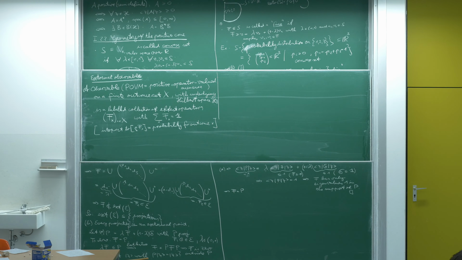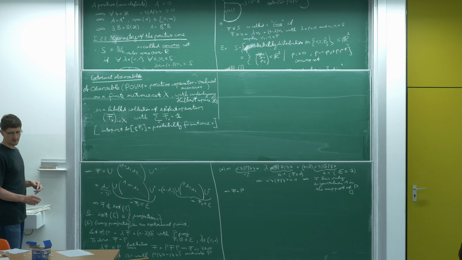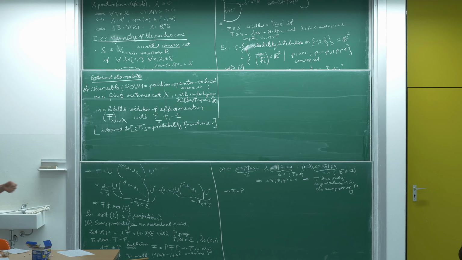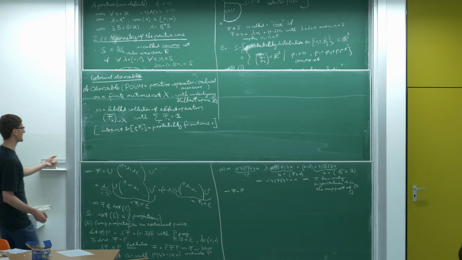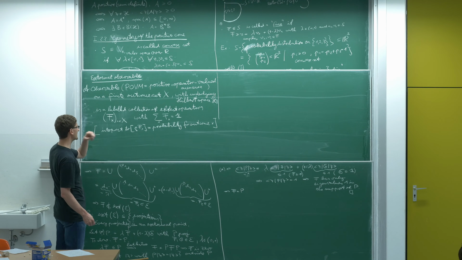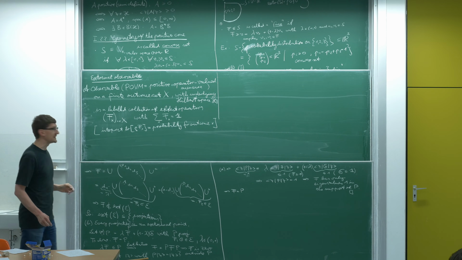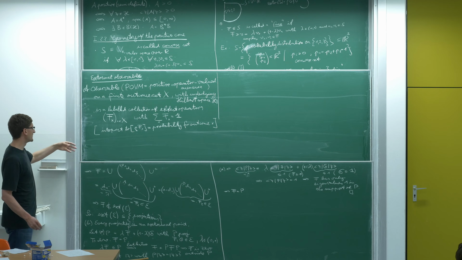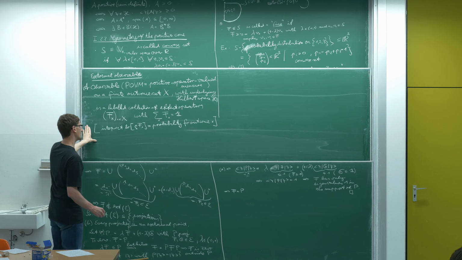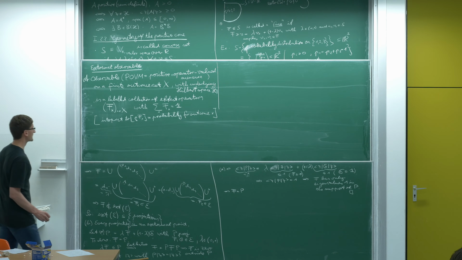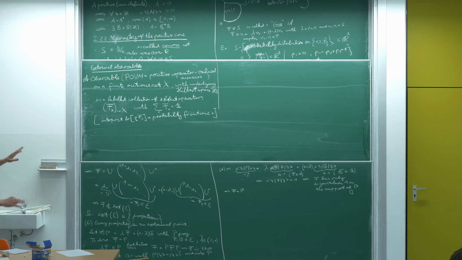So when we ask for the extremal observables, we will be asking for the finest measurements that one can do on a certain quantum system, the finest measurements with outcome set X. Maybe I should go back a step.